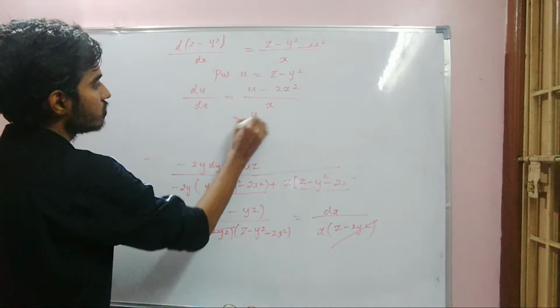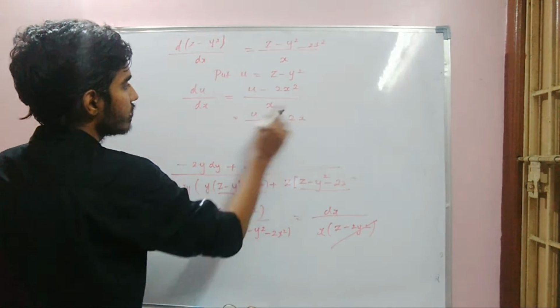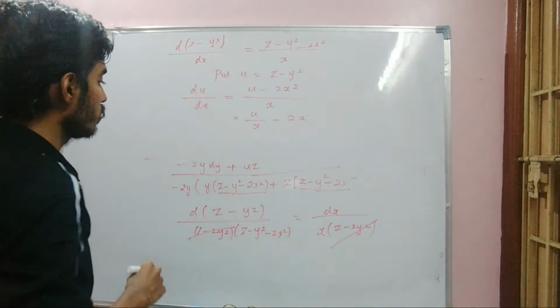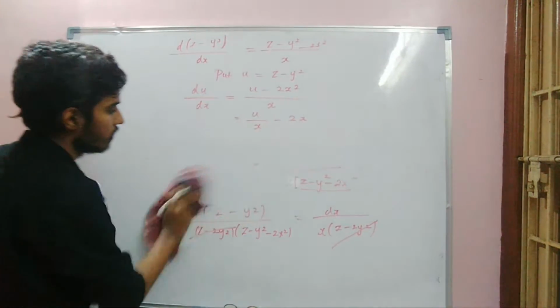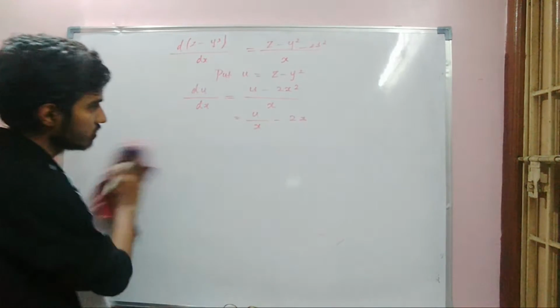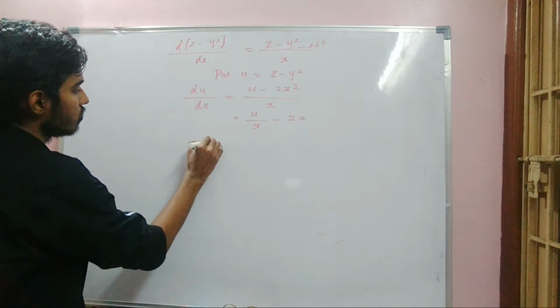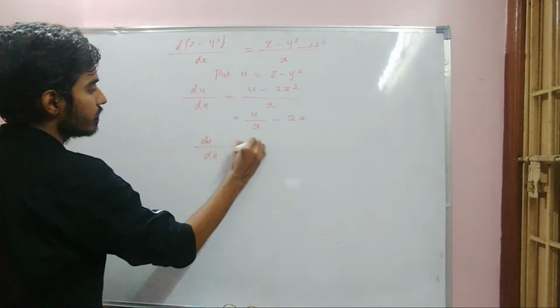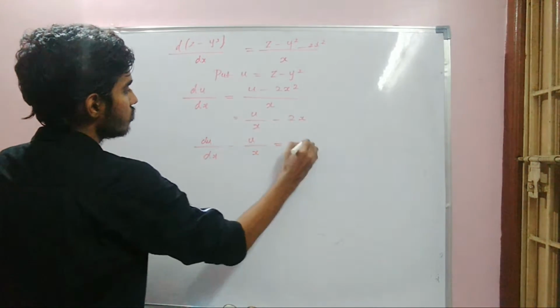If you bring this u by x, I am dividing by x, that's it. So I can write this as du by dx minus u by x is equal to minus 2x.